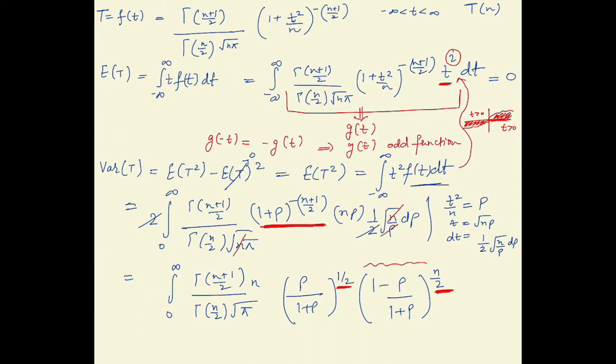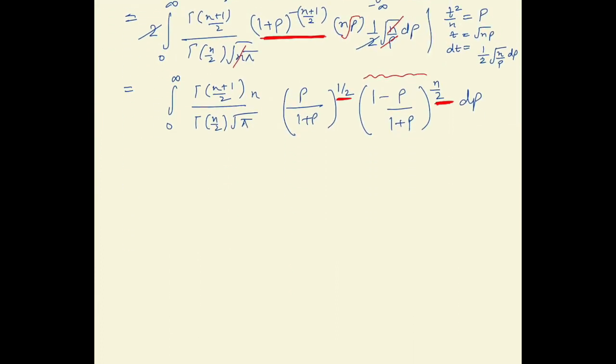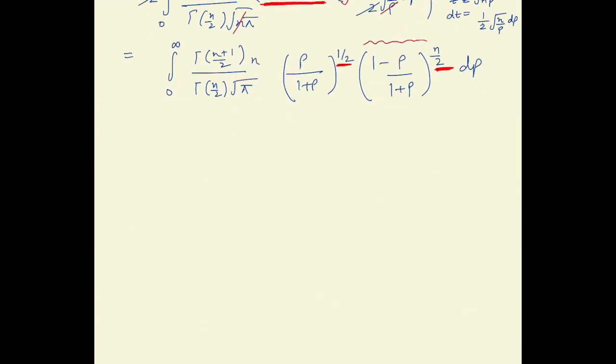And this root p cancels out, and we get a p raised to power 1 by 2. So we get this expression. So getting this expression is a bit tricky, but now we can make one more substitution. We can replace p upon 1 plus p with another variable, let's say any variable r.